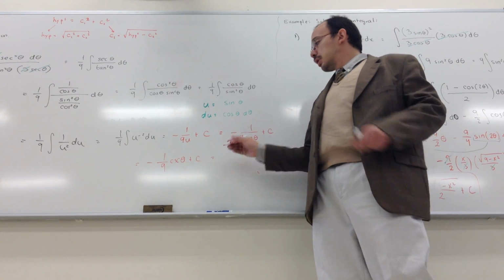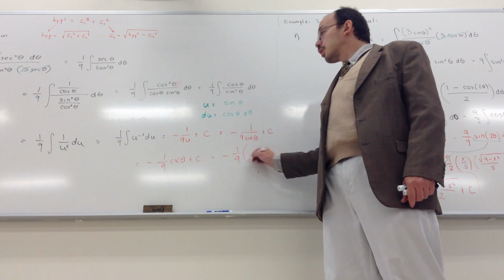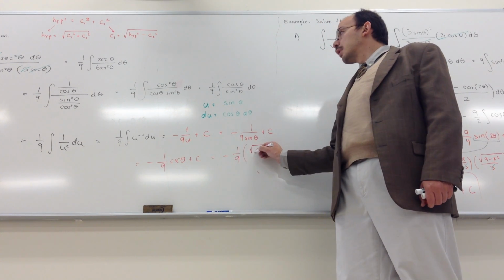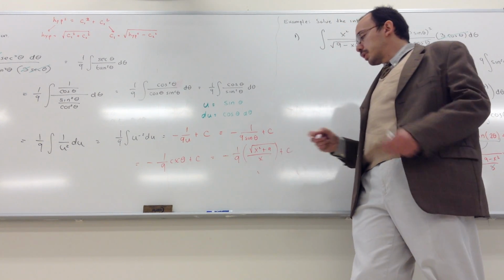What's cosecant? Minus 1 over 9. Cosecant is the square root of x squared plus 9 over x plus c.